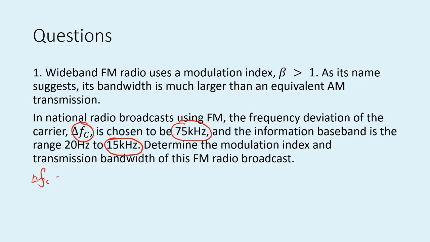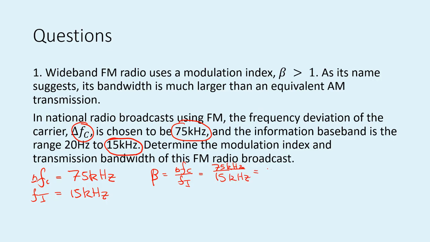So picking out the key information from the question, we've got that this is 75 kilohertz, and we've got that this is 15 kilohertz. And we're asked to find the modulation index and the bandwidth of the signal. So we plug these into the equation. Remember this equation, or at least hopefully you got it written down and you got it on your datasheet in front of you. So that would be 75 over 15. They're both in kilohertz, so that will cancel.